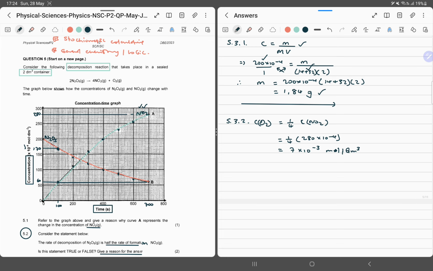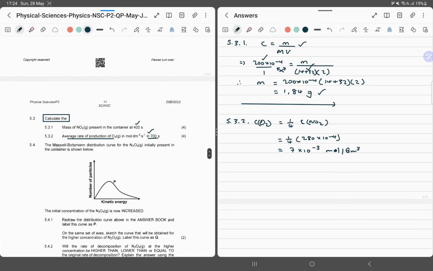So now what did we want? We're looking for the average rate of production. So essentially we can say that the rate of O2 production is going to be equal to the change in concentration, which is now 7 times 10 to the minus 3, divided by the time, which is going to be 700 seconds.